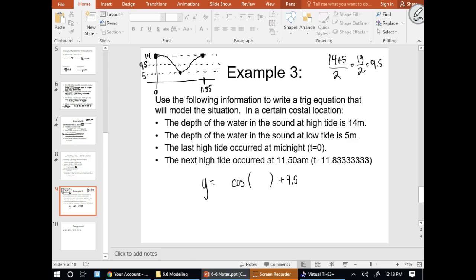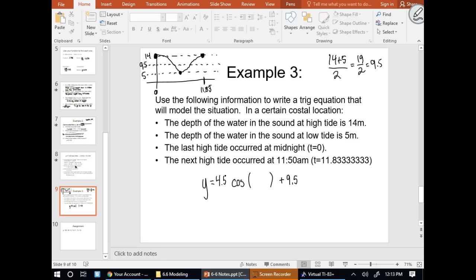How far above or below do we go? 4.5. Our amplitude would be 4.5, because 14 minus 9.5 gives us 4.5. Both of those are not too hard to figure out, a little bit confusing if you're trying to do that in your head, but not too bad.